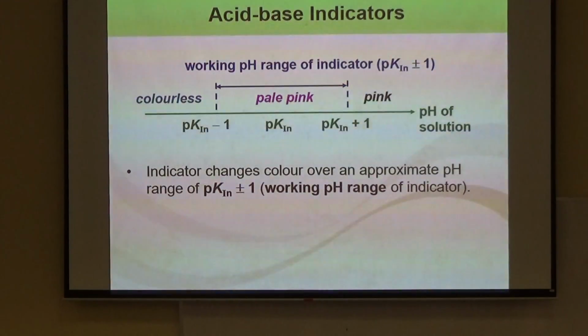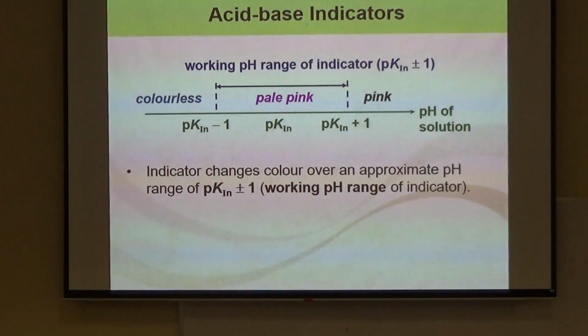Okay? So in selecting an indicator, you need to know where you want it to change color. Do you want it to change color in the acidic region or in the alkaline region? There is no one indicator that can function over the whole range. I know somebody is probably thinking universal indicator.